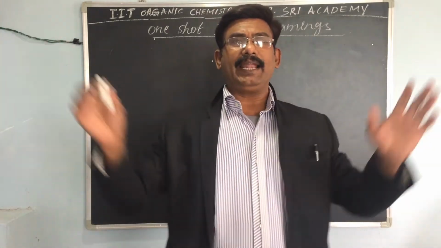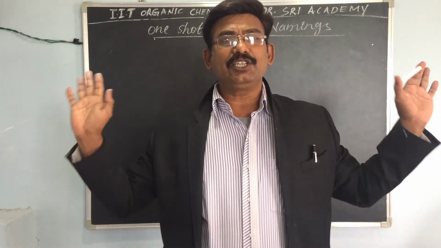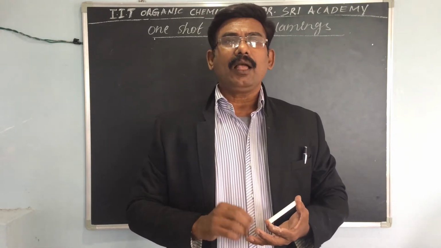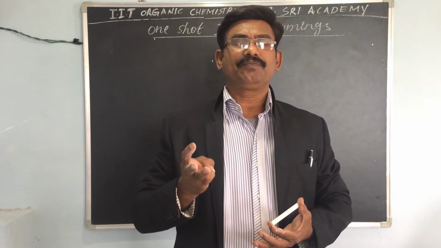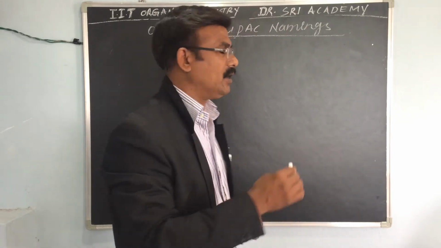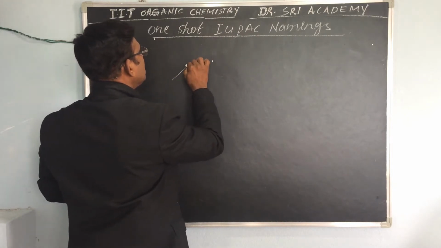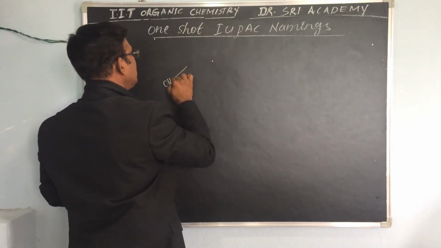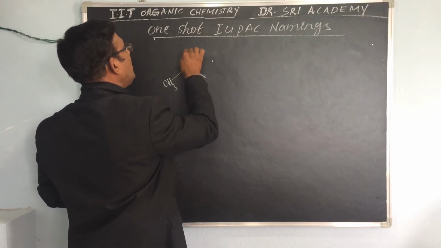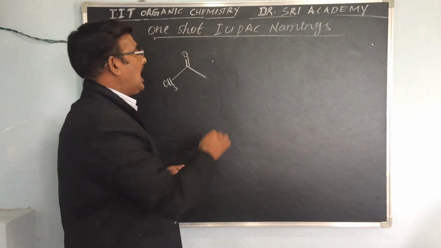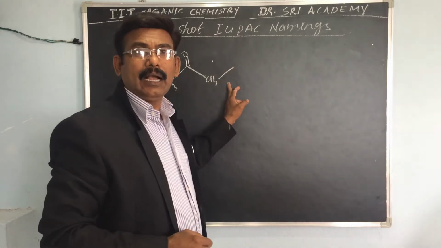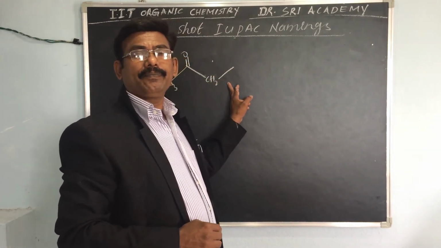In this example we have to take three functional groups: aldehyde, amine and keto. For example, here CH3, one keto group, then CH2, and one amine.